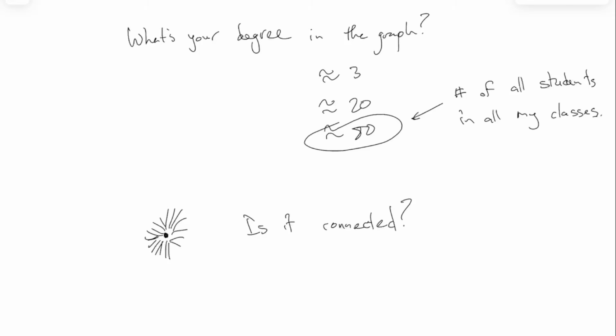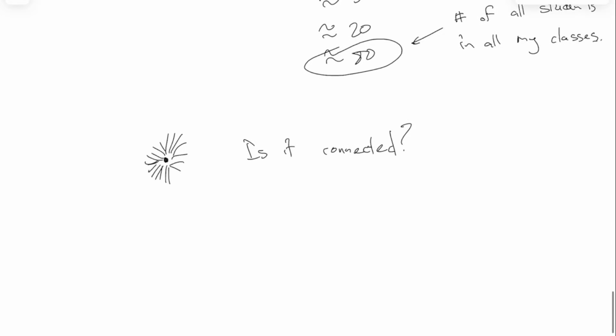To take any 2 students, they are probably not in the same class together, but it is probably possible to make a path from the one student to the other along individual people who are in the same classes together. So I would say, I don't know this for a fact, but I would say probably.